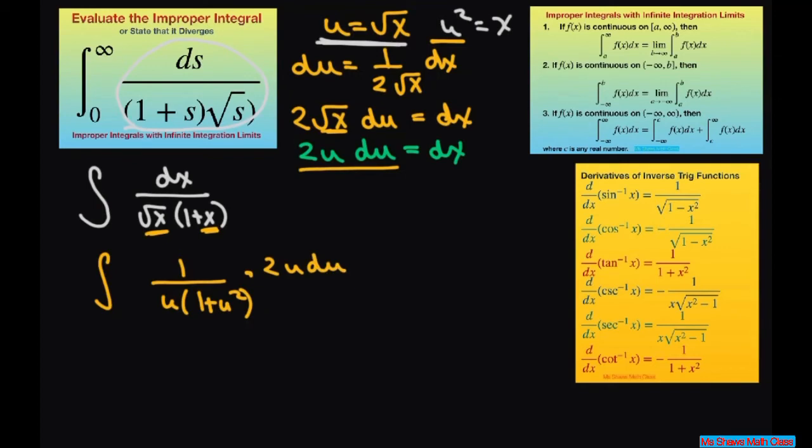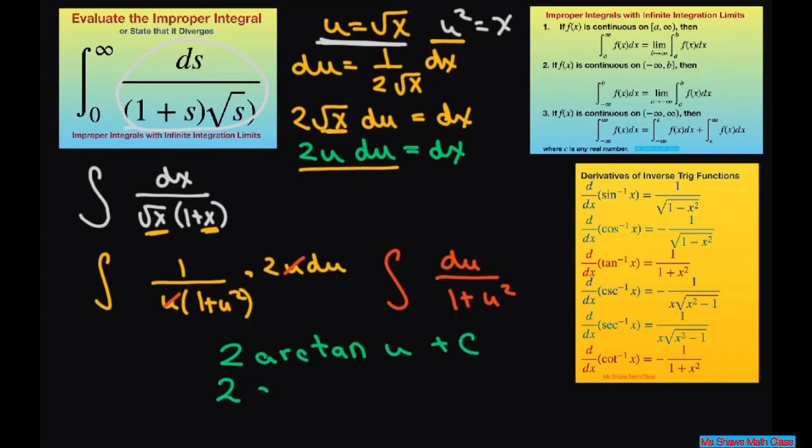And what happens is the u's cancel out, so you get the integral of du divided by 1 plus u squared. Now, when you integrate this, you're going to get 2 arctan, or tan inverse, of u plus c, and substituting back in u, this is going to be 2 arctan of square root of x plus c.